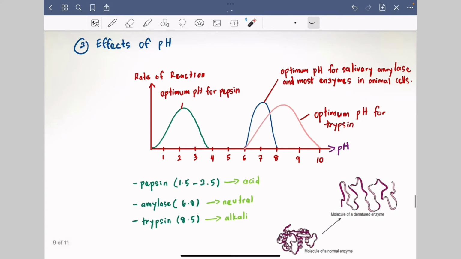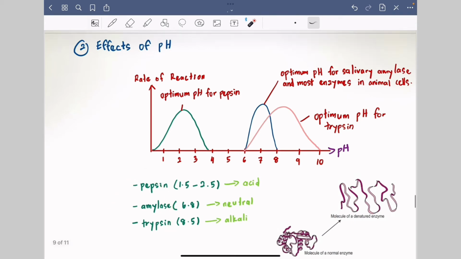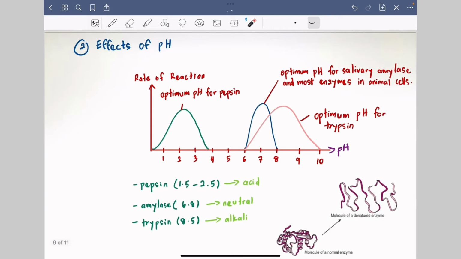Basically we have three main enzymes that we need to know, which are pepsin, which can be found inside our stomach to digest protein, amylase, which can be found in the mouth, and then trypsin, which can be found in the small intestine, inside the ileum.